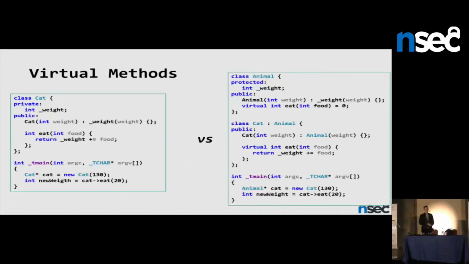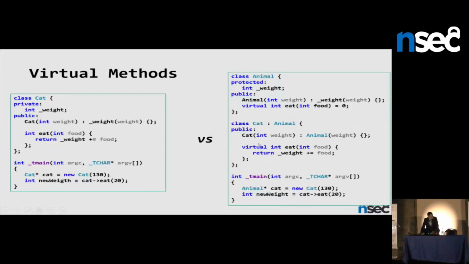On the left-hand side, we have a very simple code. We have a class cat with one method eat, and we have just one instance of this class. We're calling the eat method, so everything should be clear here.